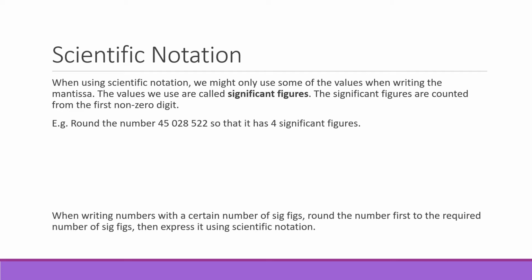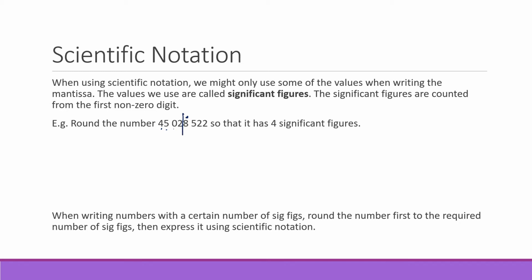So the significant figures are counted from the first non-zero digit. So for example, we want to round the number 45,028,522 so that it has 4 significant figures. It works the same sort of way as rounding, except for really big numbers or for really, really small numbers. So those are the principles we're applying here. So we've got 4502, so those are our first 4 numbers.